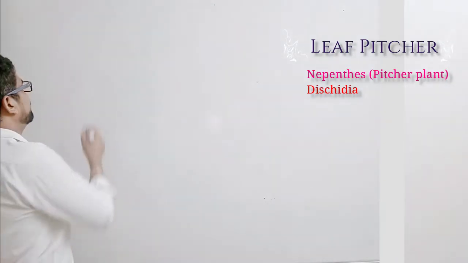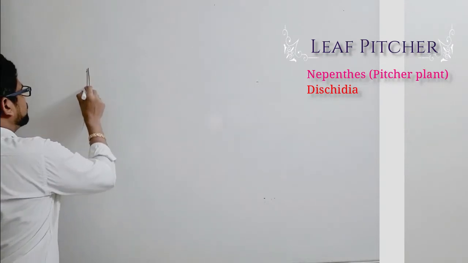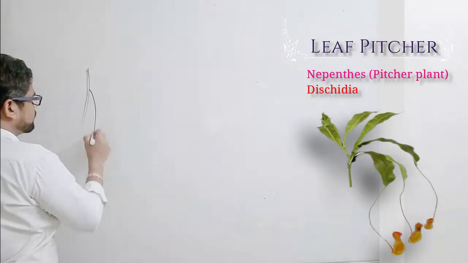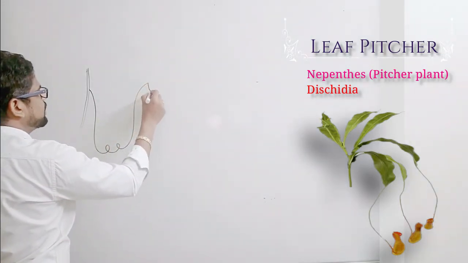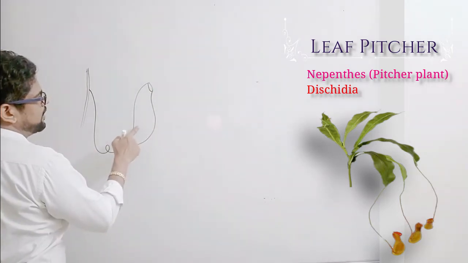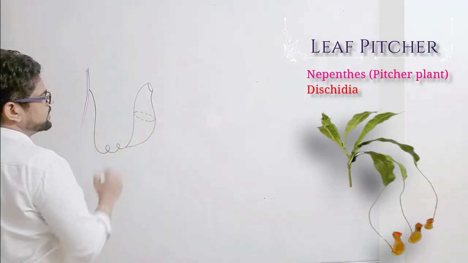Diagram में you can see here, in this pitcher plant the modification happened. This is the petiole, this is the leaf lamina. So the leaf lamina, the leaf blade, is modified into a pitcher-like condition. It has the digestive juice.